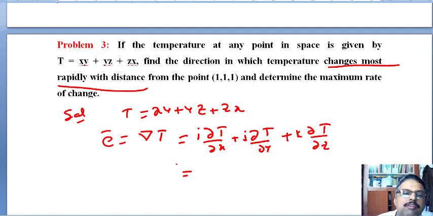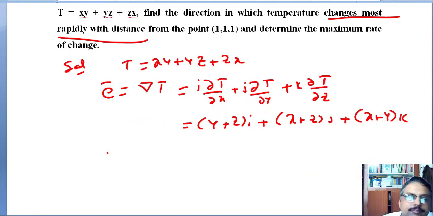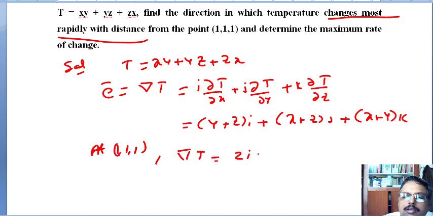Just find the partial derivative with respect to x, that is (y plus z) into i. If you know the partial derivative, then it is very simple. With respect to y is (x plus z) into j plus (x plus y) into k. At the point (1, 1, 1), del T equals 2i plus 2j plus 2k.